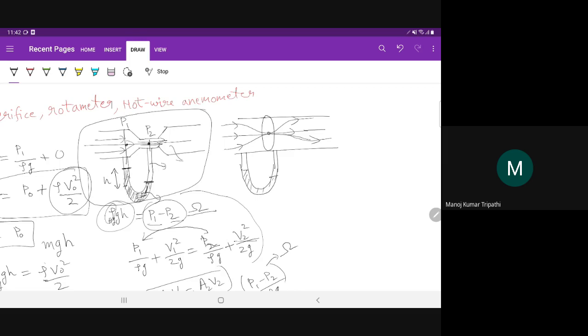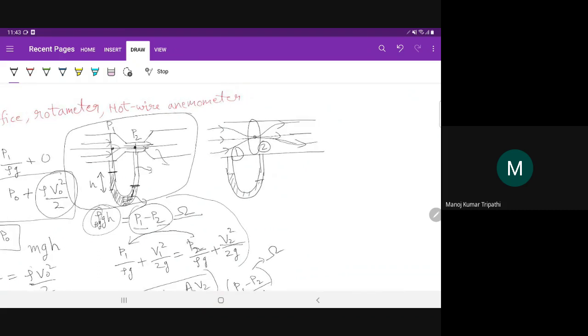Because this is a narrow section, because the streamlines are close together, the velocity will increase at that cross section at point 2. So this is a simpler design. This is known as an orifice meter, because a hole is known as an orifice.